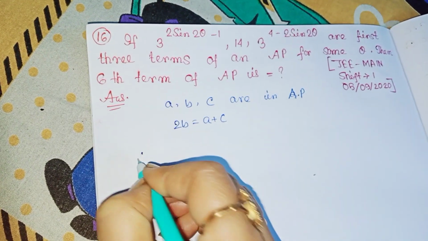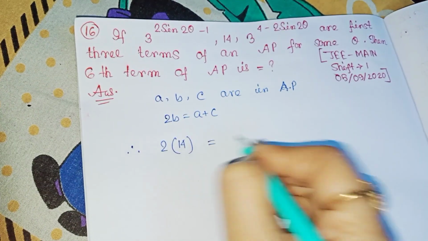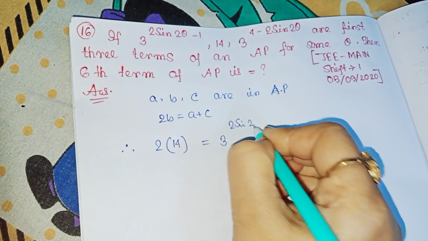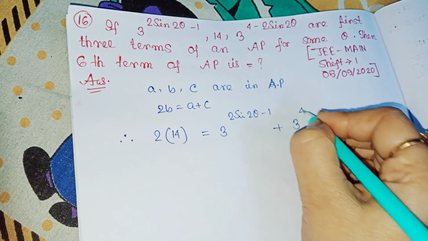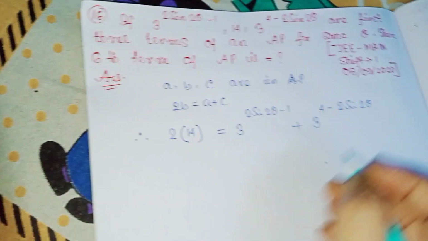Therefore 2 into 14 is equal to 3^(2 sin 2θ − 1) plus 3^(4 − 2 sin 2θ).